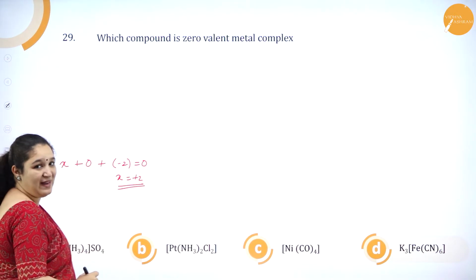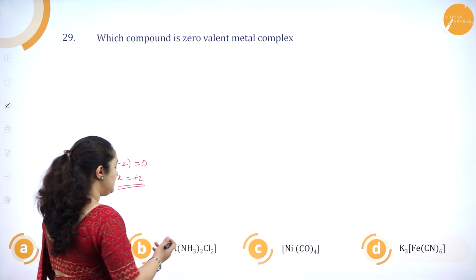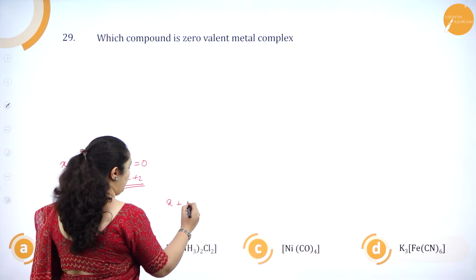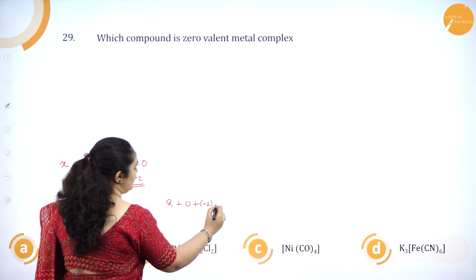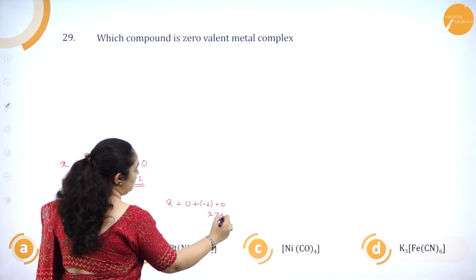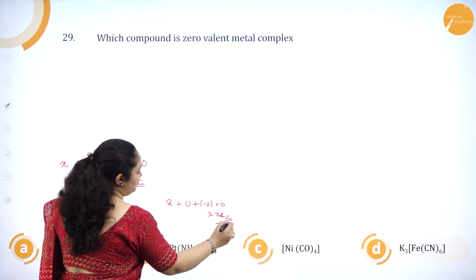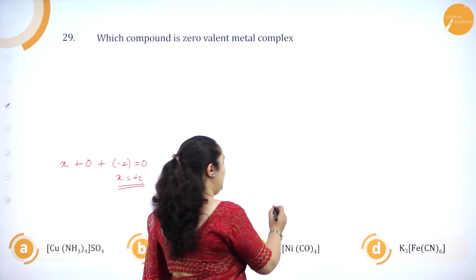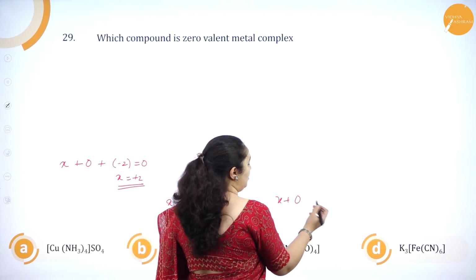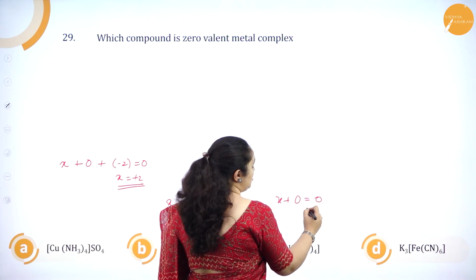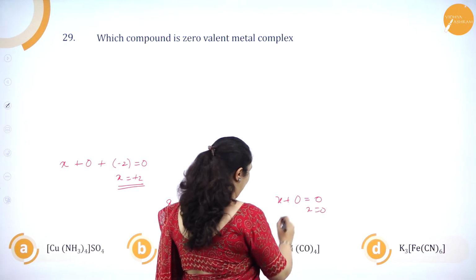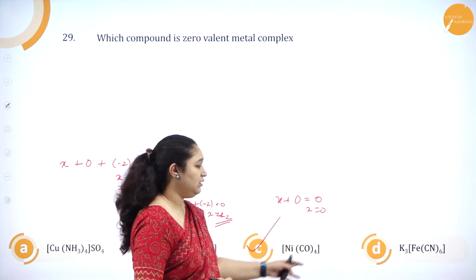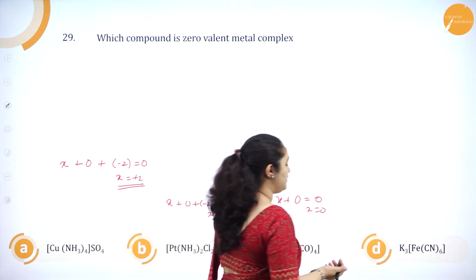So, here the valency of the metal is not 0. Similarly, here also it is not 0 if you calculate, that is -2, X is equal to +2. Here if you see, X and carbonyl has got no charge, so X will be equal to 0. So, the valency of nickel is 0 here, but to be on safer side, D also we shall calculate.